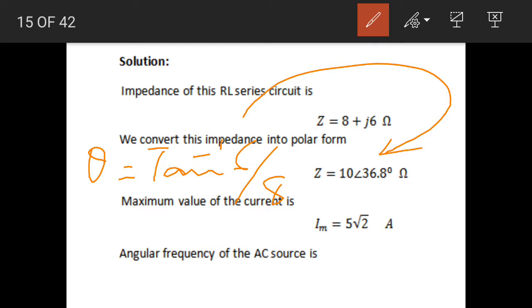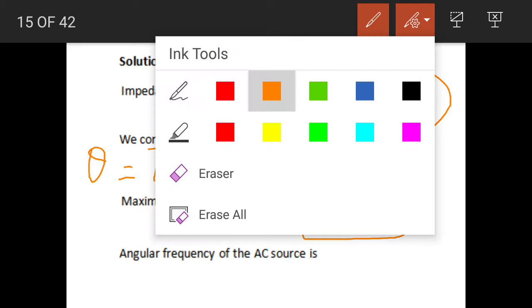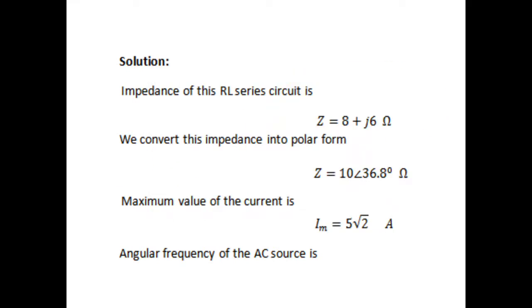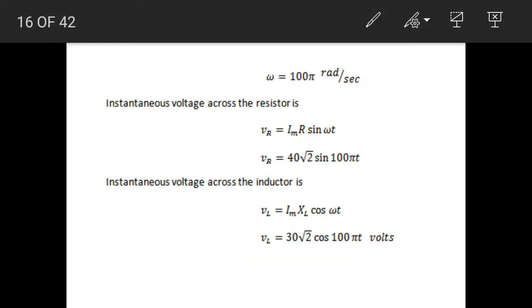So we calculate the impedance of this series circuit, which is 10 ohm, and the angle theta, which is 36.8 degree. So the maximum value of the current in this series combination is 5 into under root 2 ampere, and the angular frequency of the source is 100 pi radian per second.